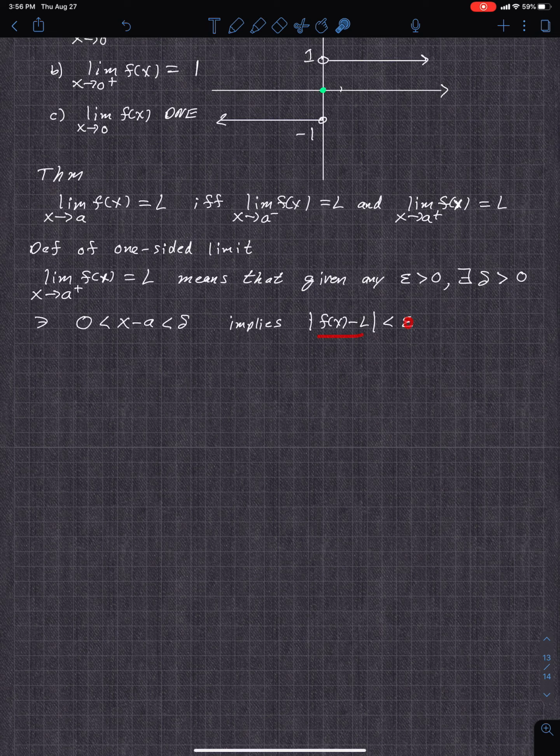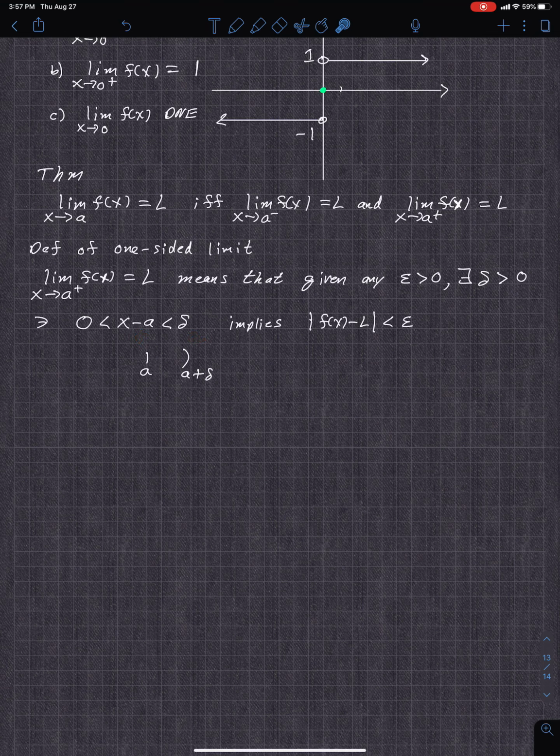You just have to make, and this is on the right, right? So you're having basically x plus delta. So what this means is you're approaching a, but then this interval is your a plus the delta, right? So if you just solve for x, you just add a like that, then your x values are here.